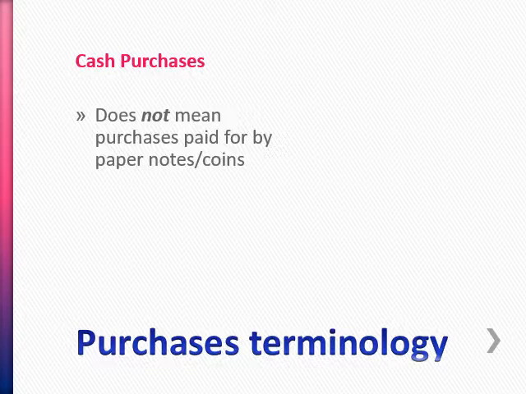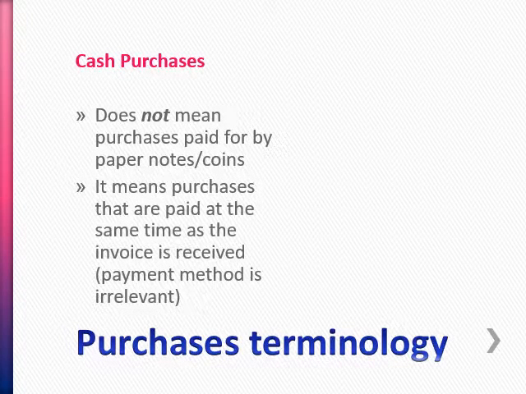Instead, what we mean by this term is that the purchase is paid for at the same time as the invoice is received. So the payment method is irrelevant. What we're saying is that no period of credit was taken. So a cash purchase would also include situations where a purchase is made using a check or a credit card or a debit card to pay.